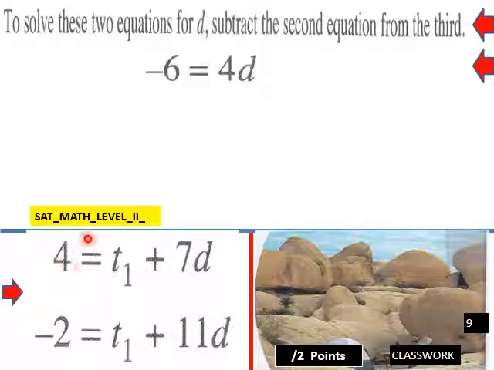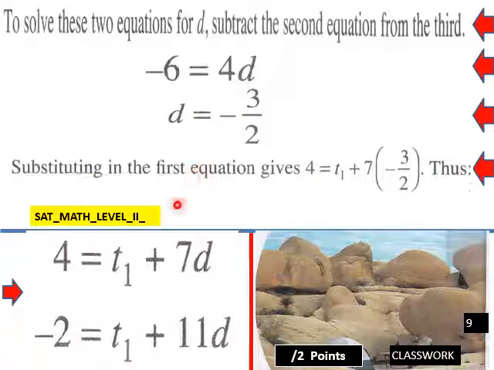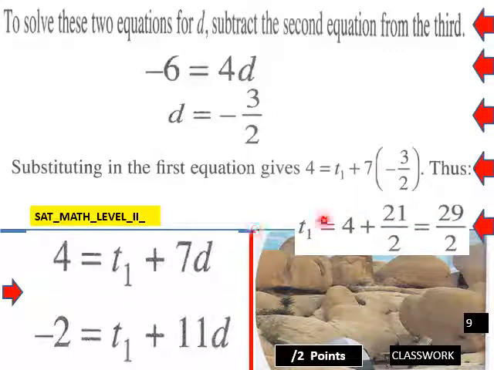That is, -2 minus 4 is -6, and 11d minus 7d is 4d. So d will now equal -3 over 2. Substituting in the first equation gives 4 equals term 1 plus 7 times -3 over 2. Thus, term 1 would equal 4 plus 21 over 2, which comes out to 29 over 2, our first term.